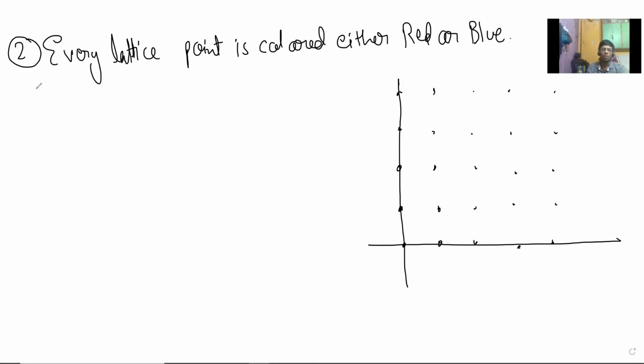What we want to show is that there is a monochromatic rectangle.